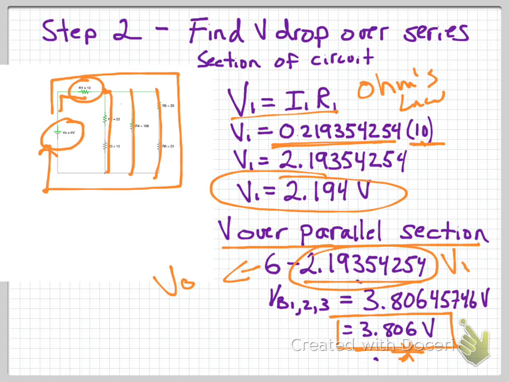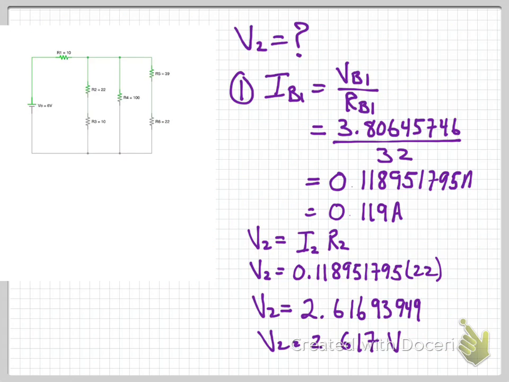And that is the rule for a parallel section of a series circuit. But in order to find that voltage, we needed to find out how much was lost or used in that first resistor. And that's why we did this section here.